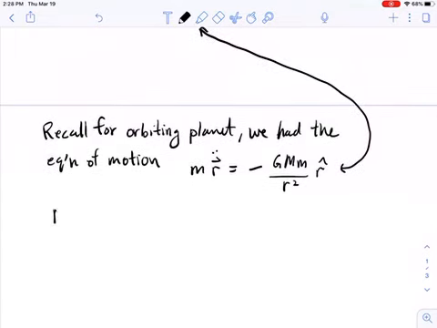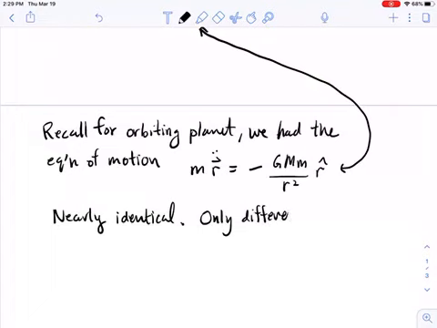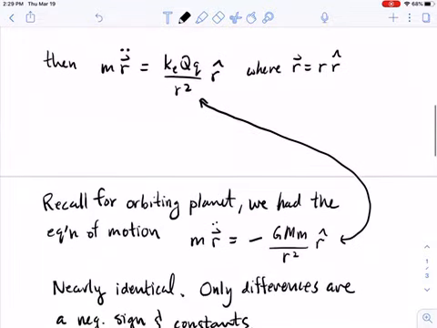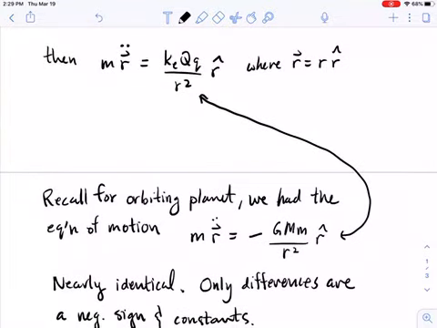So these are nearly identical. The only differences are a negative sign and just some constants, right? So instead of something involving gravitational constants and a product of masses, we have a Coulomb's constant and a product of charges.